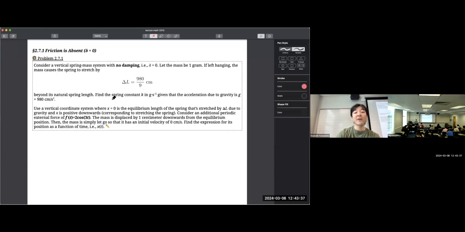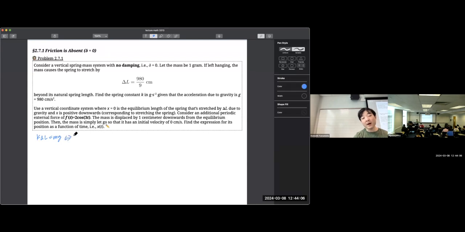Then you want to find its spring constant and use the acceleration of gravity, and that will allow you to come up with the differential equation that you need to solve for this system without any damping. So how would you find K? It goes back to the force balance equation. Remember, we saw that K delta L has to equal mg for a vertical spring mass system.